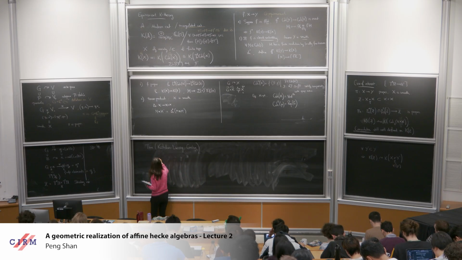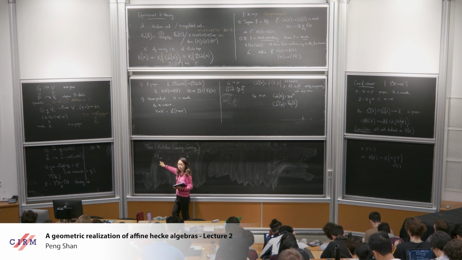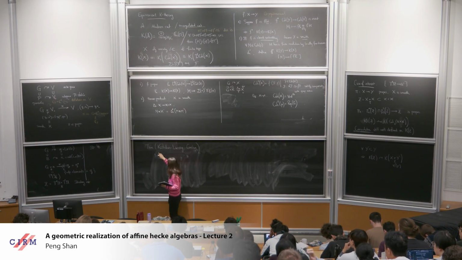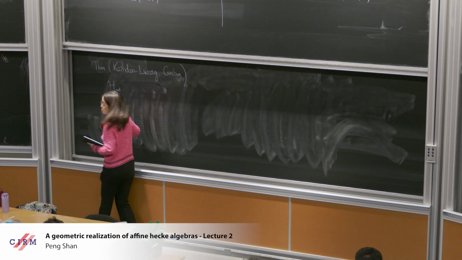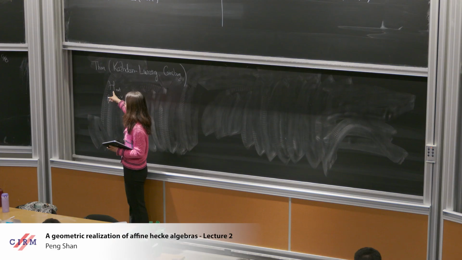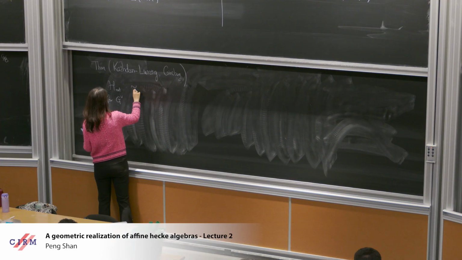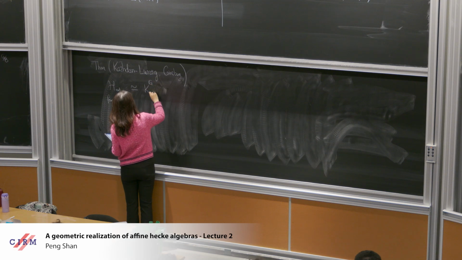Remember yesterday we defined this extended affine Hecke algebra, and as I said, its definition depends on a group G. Now we consider this for the group which is the Langlands dual of G. So in practice, you replace all the co-characters by the characters of G. And the statement is this is isomorphic as an algebra to this equivariant K-theory of this Steinberg variety.